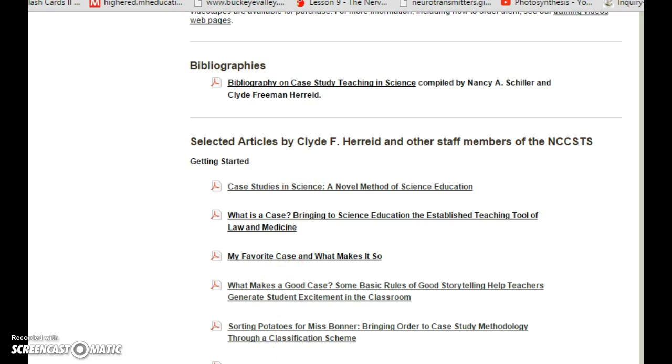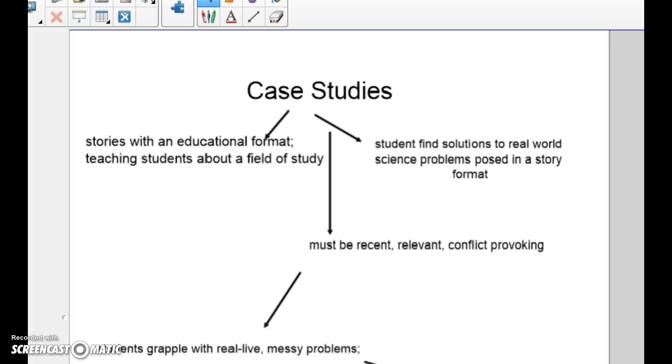When we're talking about what makes a good case, what's really going to get students into your lecture, what's going to energize your lecture, the authors suggest that your case study should be recent, it should be relevant, and it should be conflict-provoking, because those are all parts of a very good story.